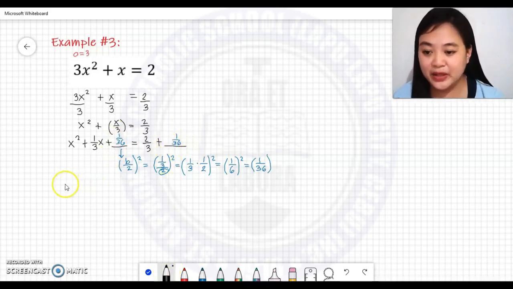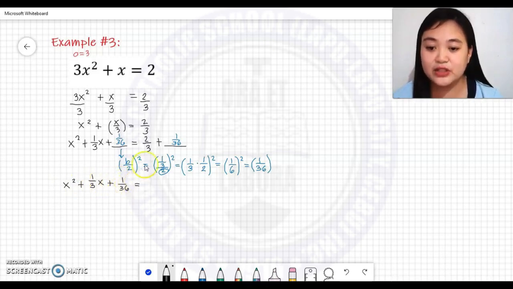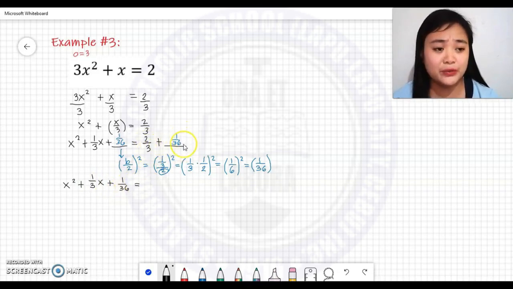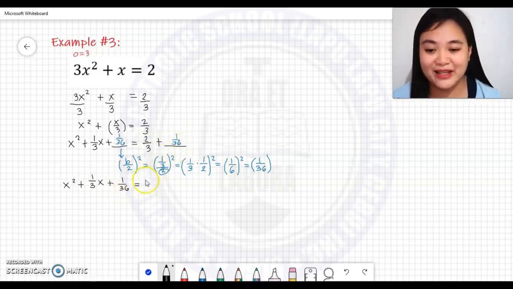It will become x squared plus 1/3 x plus 1 over 36 equals, what's 2/3 plus 1 over 36? Wow. Okay, so let's make it like this. 2/3 plus 1 over 36, you need to find the GCF.